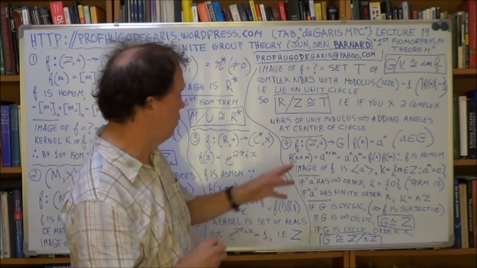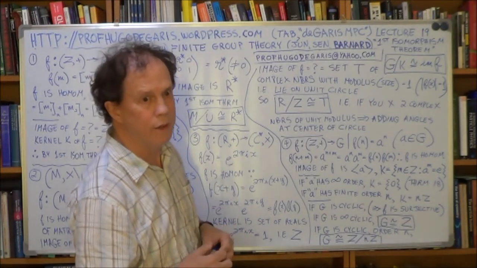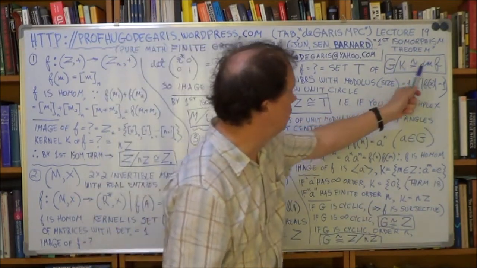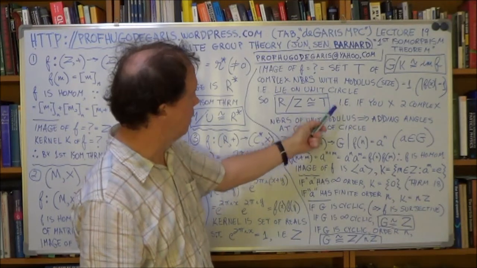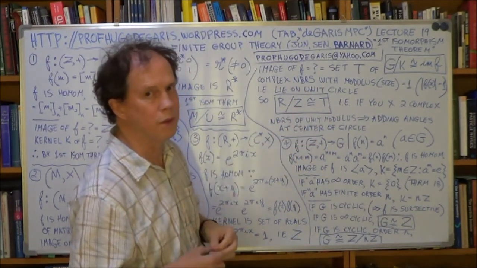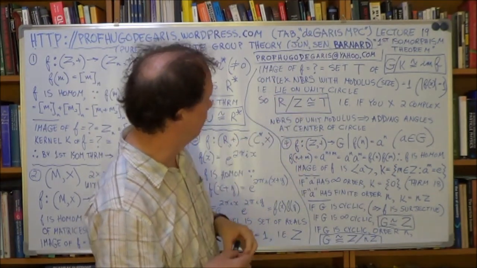Now as usual, find the kernel and find the image of f, and once you have those, just plug them in here and here and write out the formula of this form, showing the isomorphism between the group on the left and the group on the right.